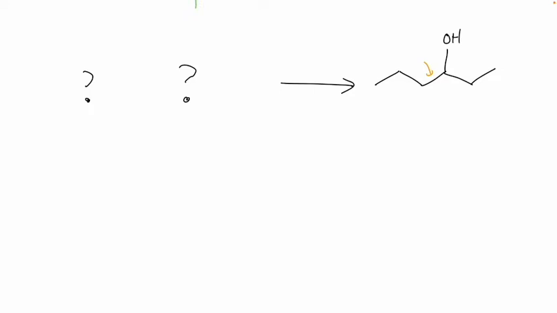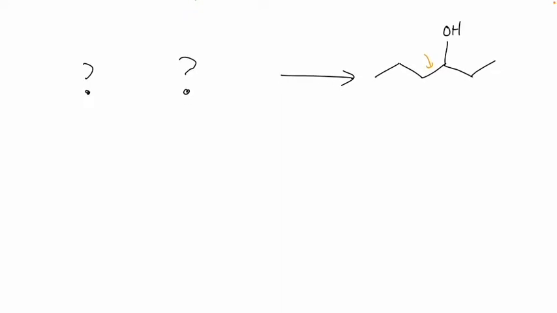All right, so first of all, we got to remember what reacts with Grignards, right? What functional group are we going to have to start with if we're going to be using a Grignard? What do Grignards react with? So one of them is going to have that MgBr, and what's the functional group of the other molecule going to have to be?